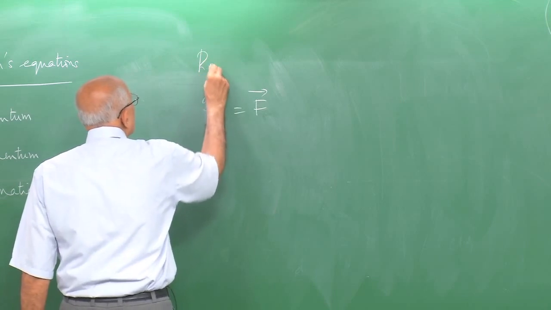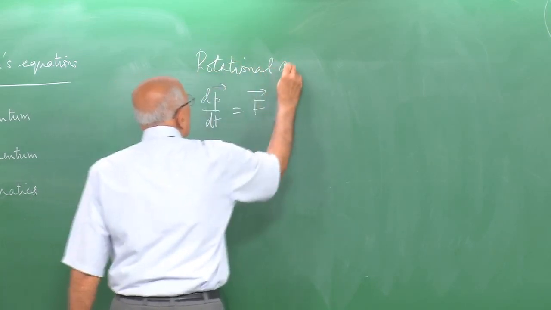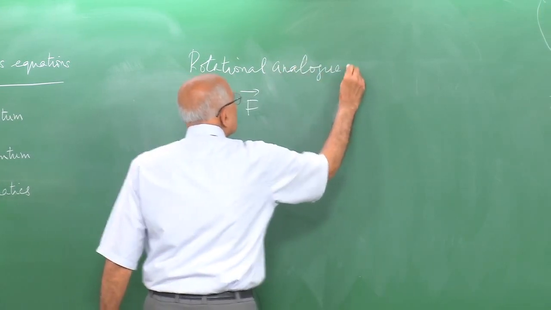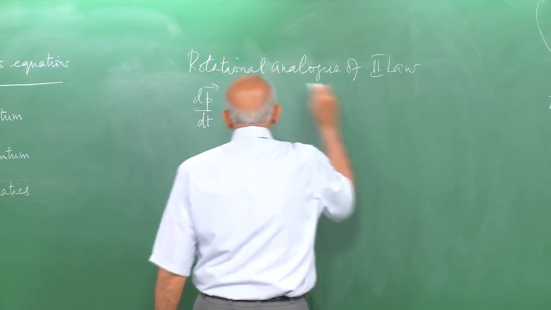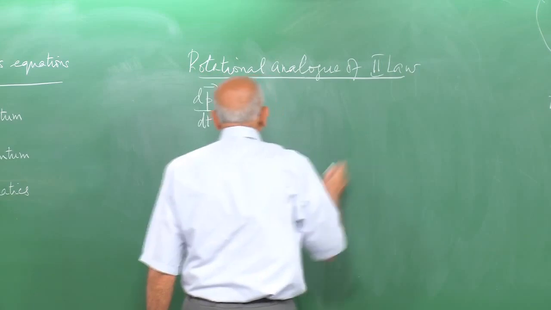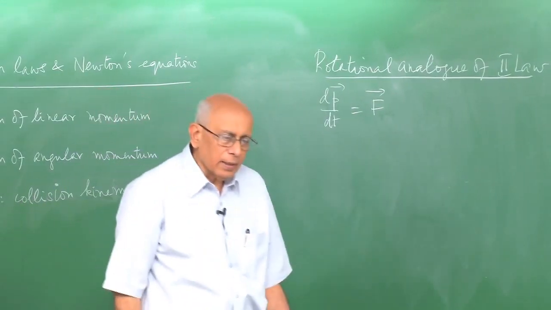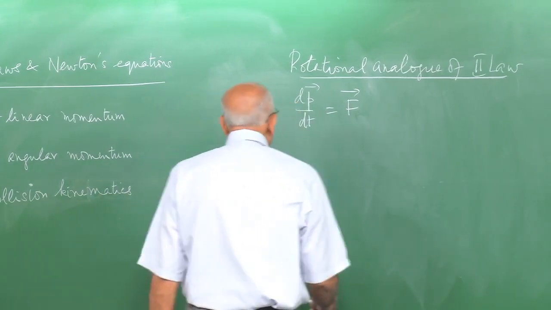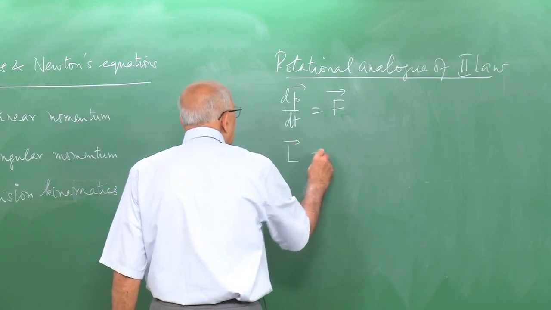So we are going to talk about the rotational analog of the second law. As before, I start with a single particle, single object, and say the rate of change of its momentum is the force acting on it. And now I'm interested in the so-called orbital angular momentum, L.